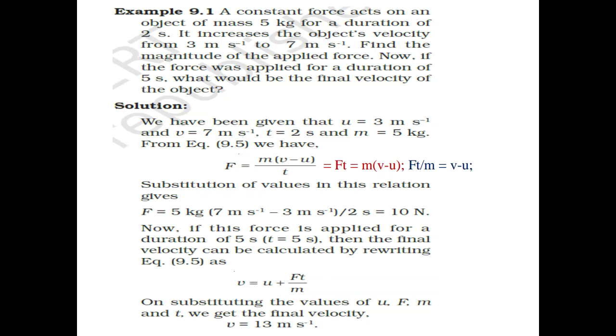In the next step, we will bring u to this side, so we will get v is equal to u plus Ft by m. In this way we get this formula. So on substituting the values of u, F, m and t, we will get the final velocity.